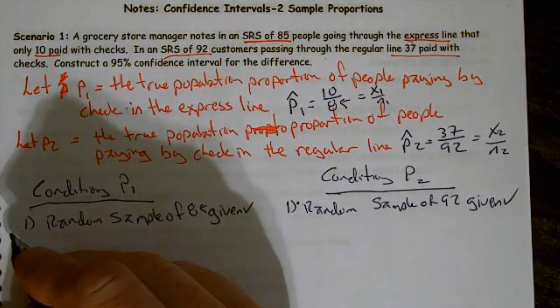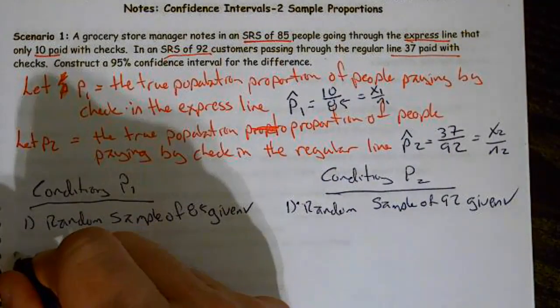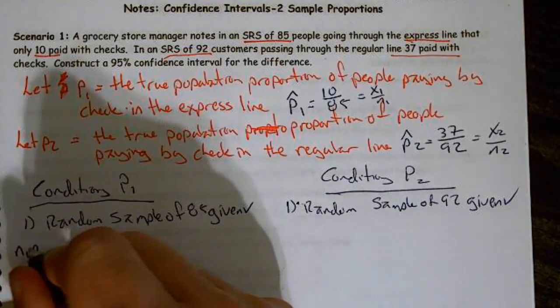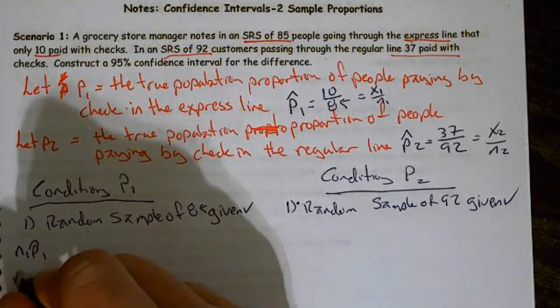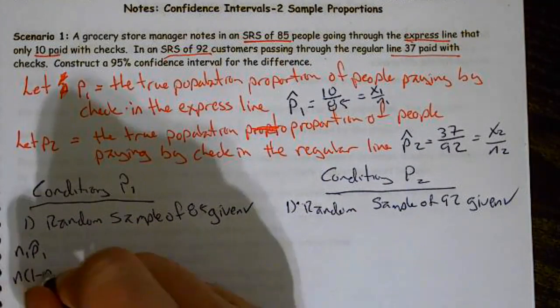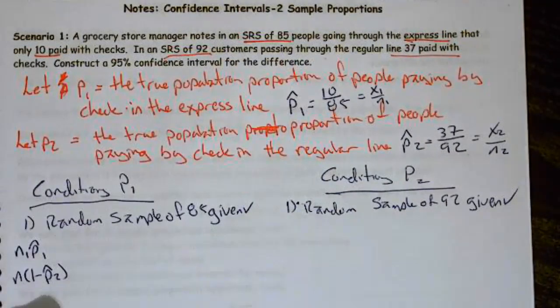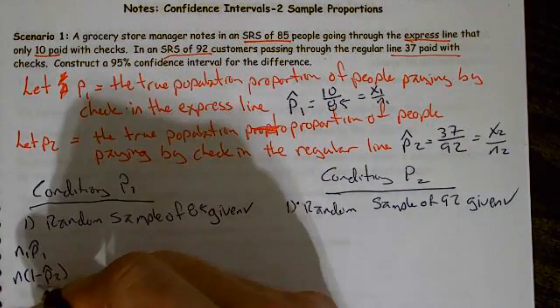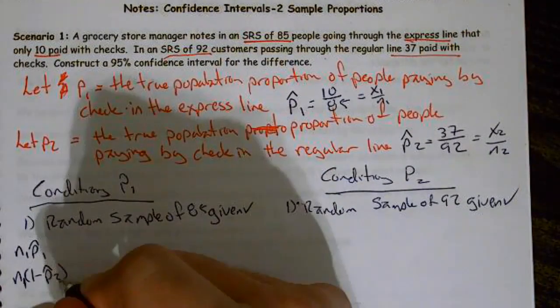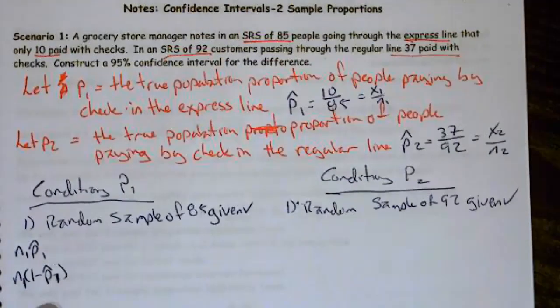Then we're going to have to do n1 p hat 1 and n times 1 minus p hat has to be greater than 10. So n1 p hat 1 and n1 times 1 minus p hat 1, excuse me.